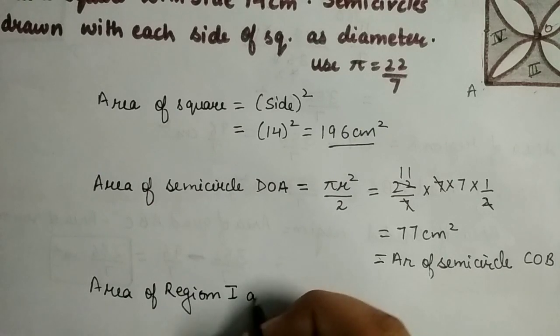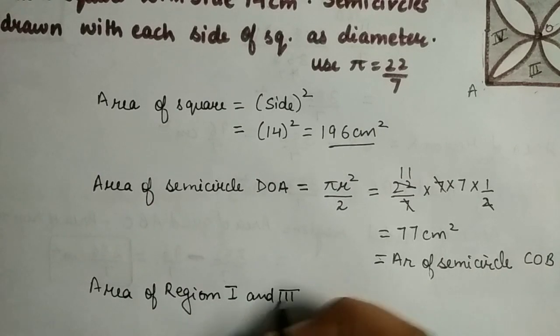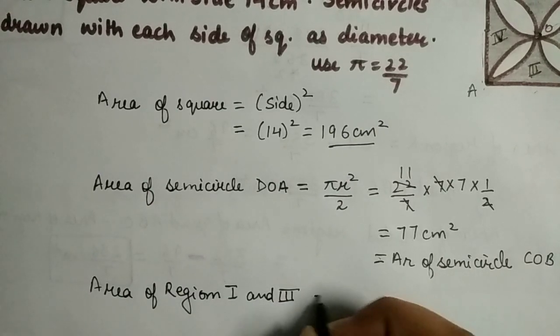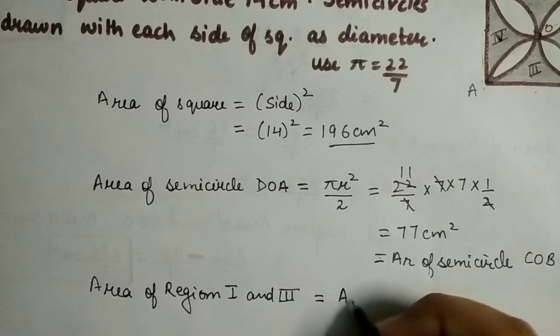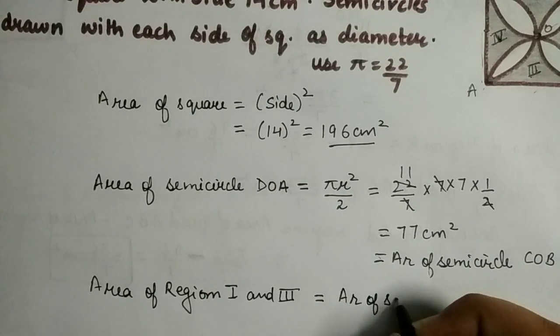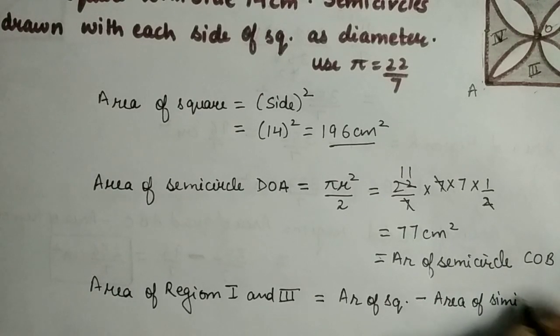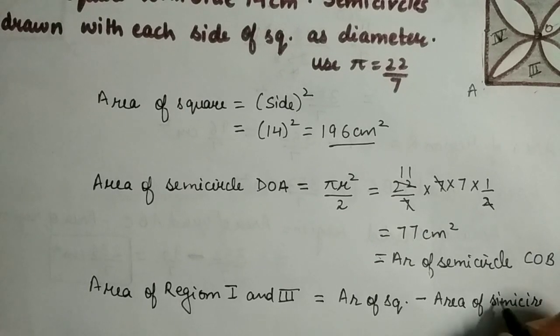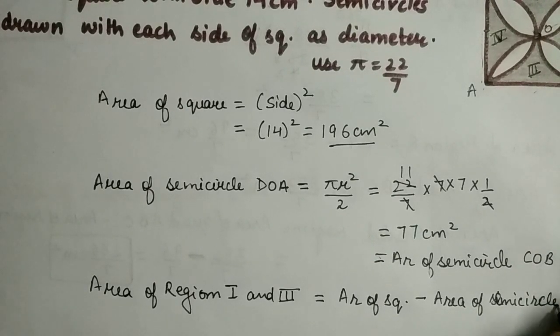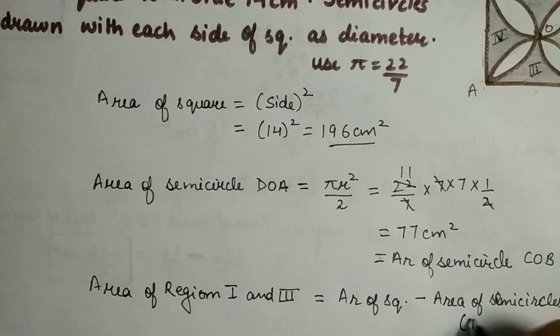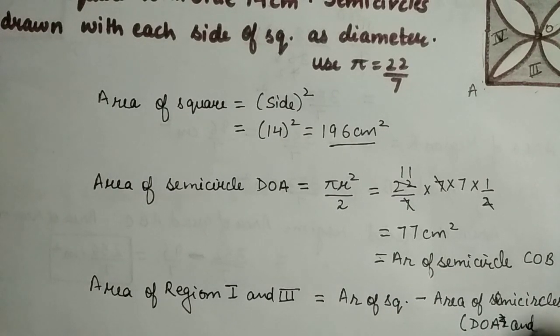Now the area of regions 1 and 3 is the area of square minus the area of semicircles DOA and COB.